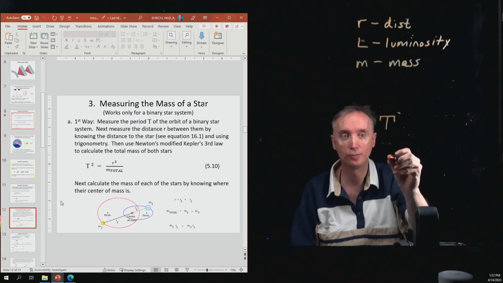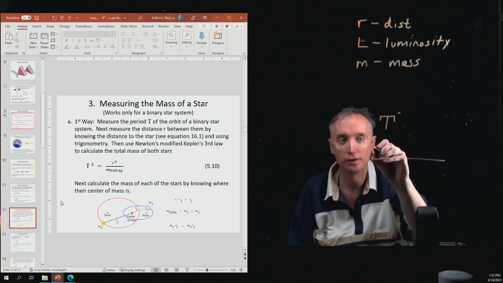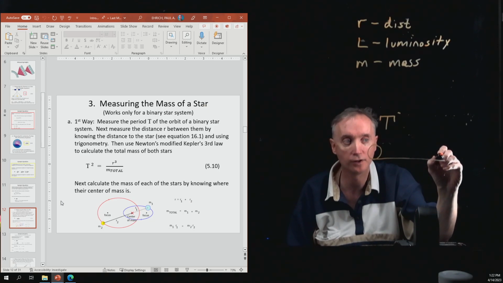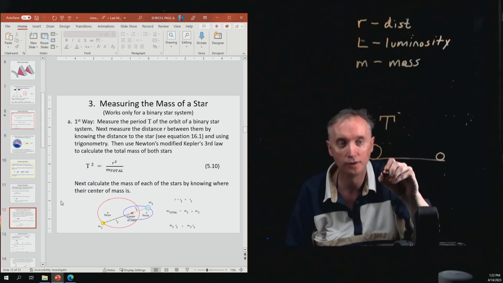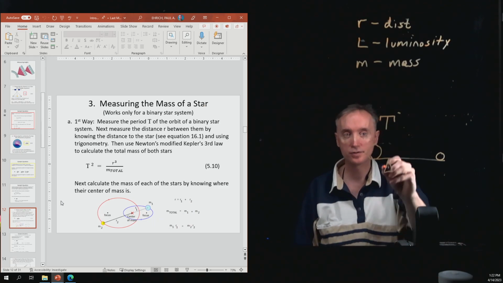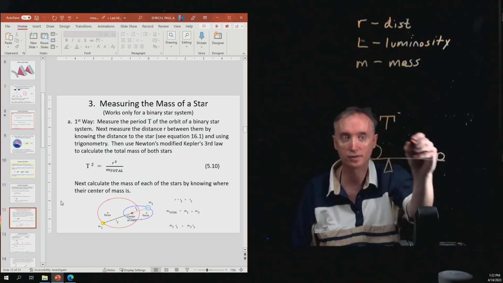For example, if you've got a teeter-totter, you could have a very large person over here balanced by a very small person over here if the pivot point is right there. So this pivot point represents the center of mass for this system.